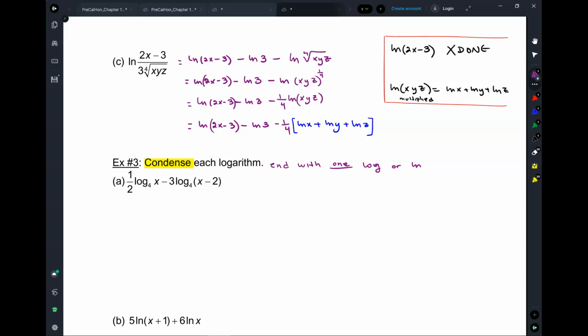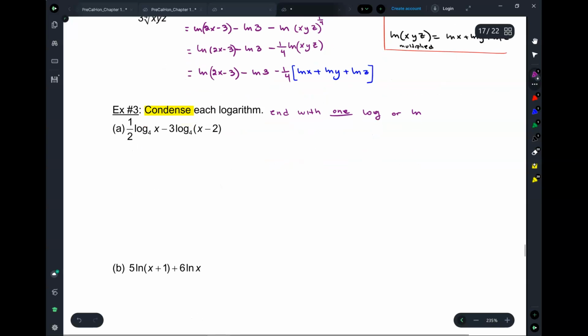If there is a minus, you're going to divide. And any coefficients are going to become exponents. So same thing, but in reverse order. First, all of these come up and become exponents. So it'll be log base 4 of x to the half minus log base 4 of x minus 2 cubed.